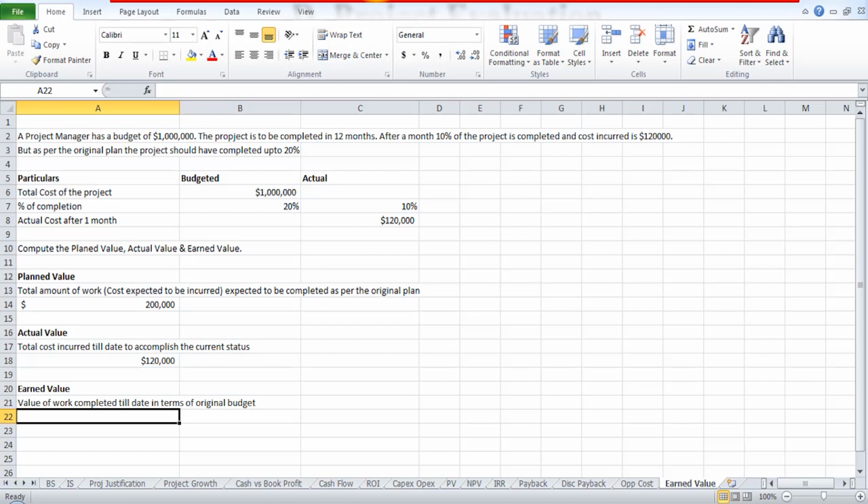For 10%, it's supposed to be $1 million into 10%. That's supposed to be $100,000. So if you compare the fact over here, earned value means how much is the percentage completed till date. Actual percentage is 10%. And how much was the budgeted cost for the actual completion? That's $100,000. So that is the concept of earned value.